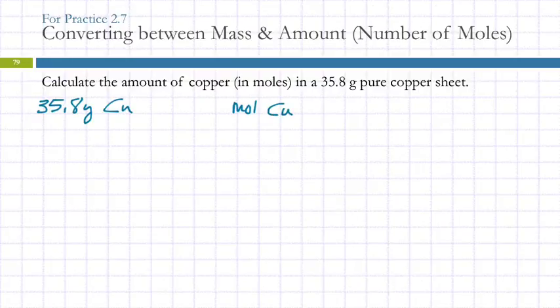Well, do we have a relationship, or can we find one, between grams and moles? Yeah, it's on the periodic table. So look on the periodic table, and under copper, 63.55. So 63.55 grams of copper per 1 mole of copper.